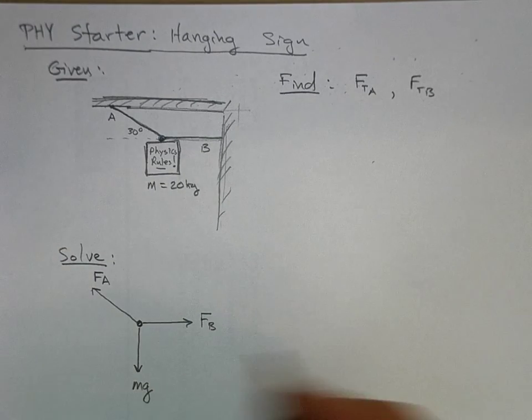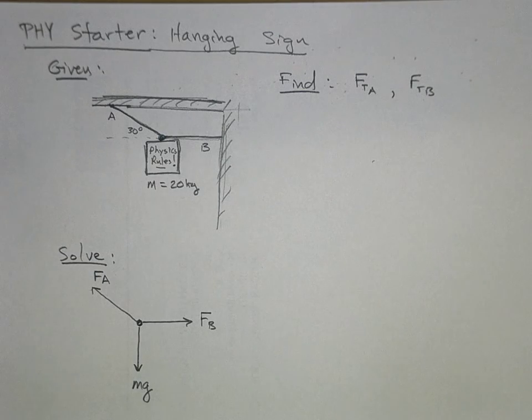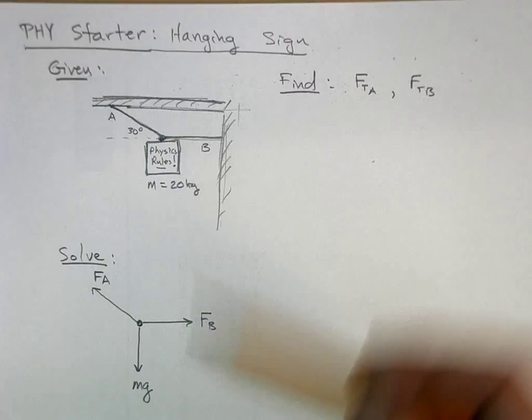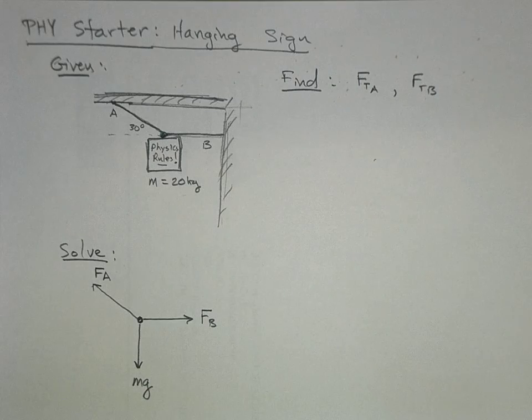There are no normal forces, no applied forces, no friction forces. Look at the problem carefully: I've got gravity, and this wire and this wire, all pulling on that spot on the sign.